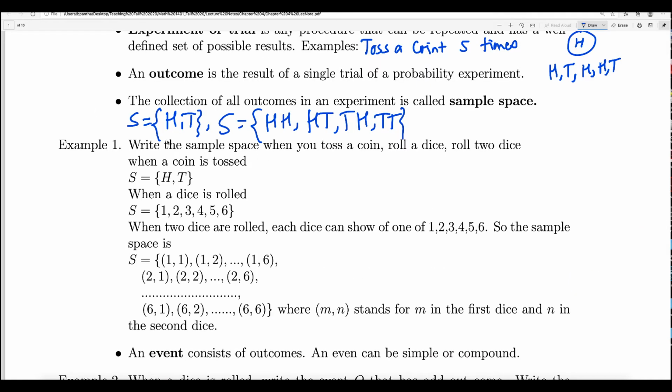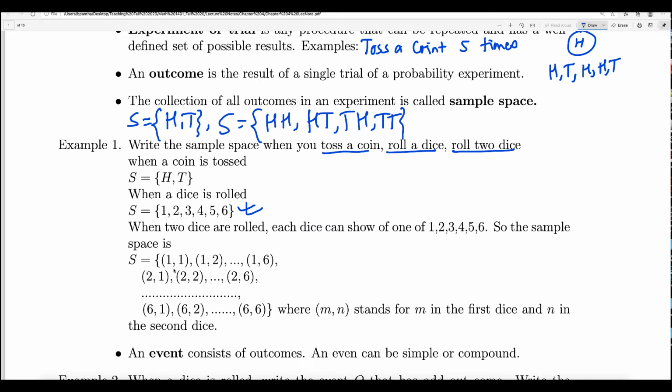So this is the total possibility when you toss 2 coins together. Now let us do this example. Write the sample space when you toss a coin. We did that already. That is when you toss a coin, these are the possibilities that the coin can show up. Roll a dice. A dice has 6 faces, right? So with 1 dot, 2 dots, 3 dots, like that. So this is the sample space when you toss 1 dice. Roll 2 dice.